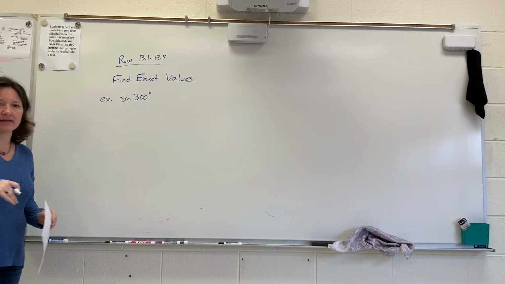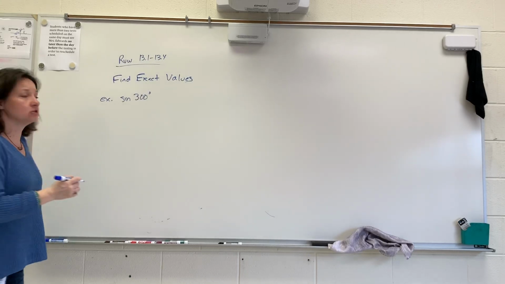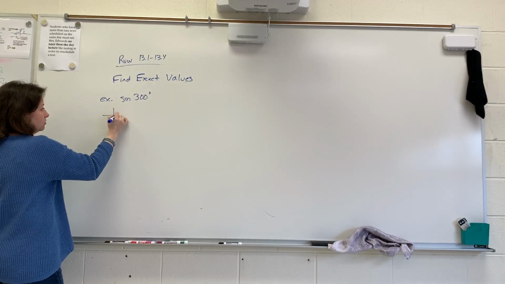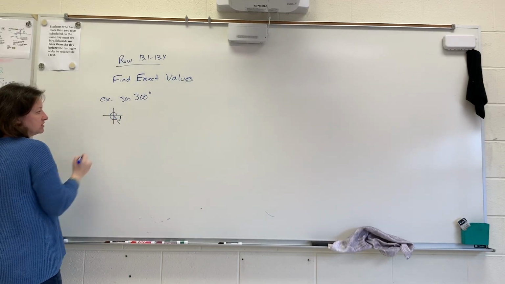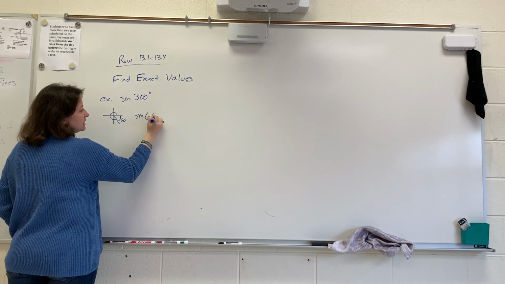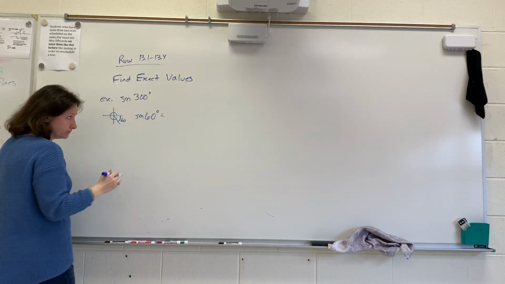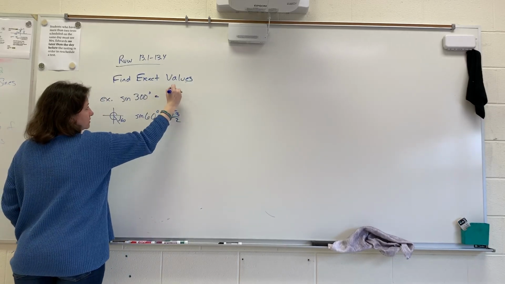Again, try it and then watch my work instead of watching my work before you've thought about how to do it. So the first thing you do is you find your location. I'm in the 4th quadrant and I need my reference angle, which is 60. So then sine of 60 you should have memorized. It is root 3 over 2.